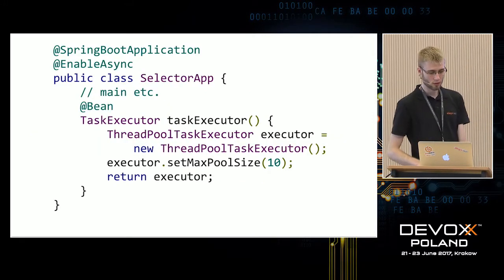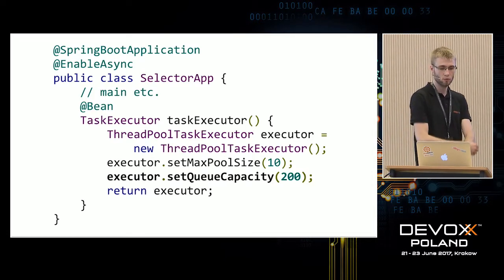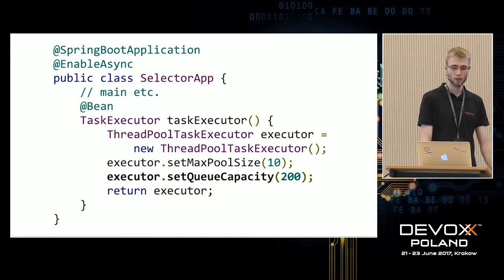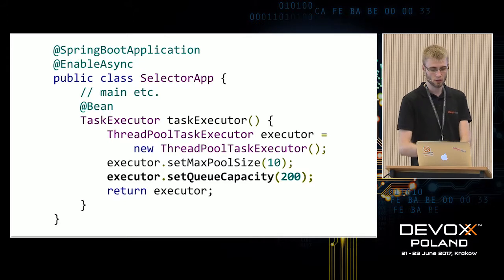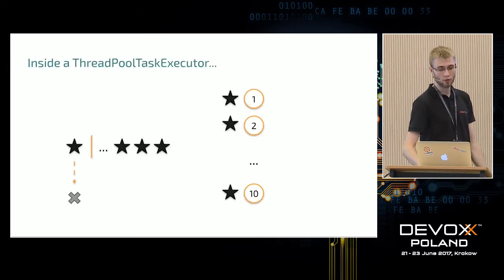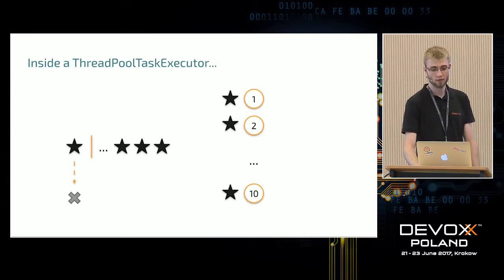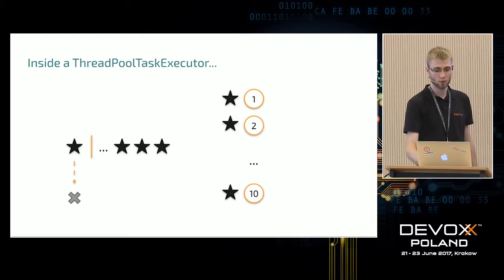So yeah, it's quite simple. In the fixed thread pool executor, we set the queue capacity. So let's say that we can process 200 offers, okay? And then whenever a new offer comes and the queue is full, it's going to get dropped, and we can survive and keep making progress with the offers that we have.